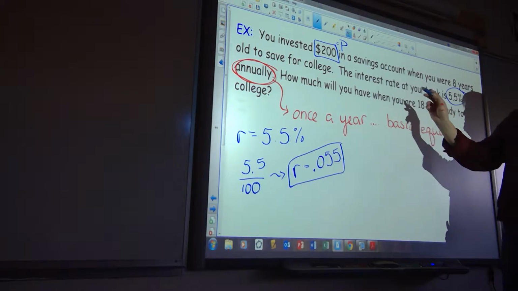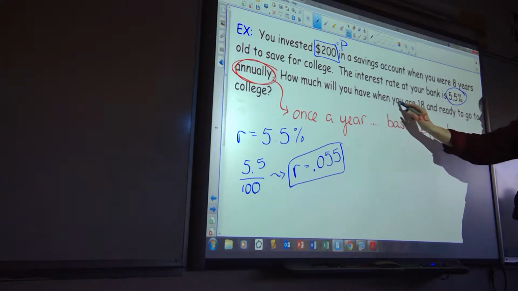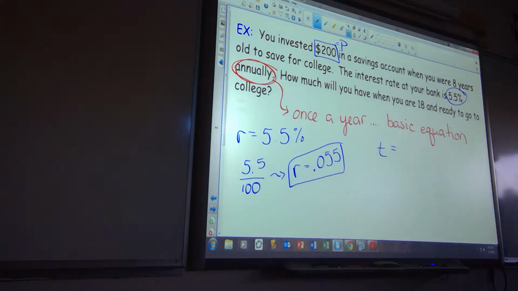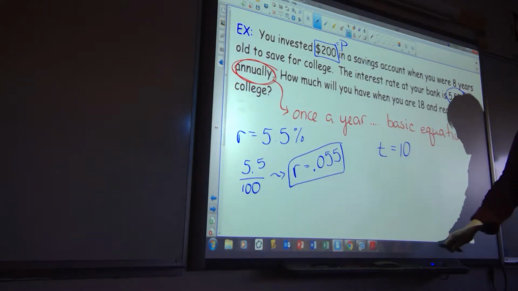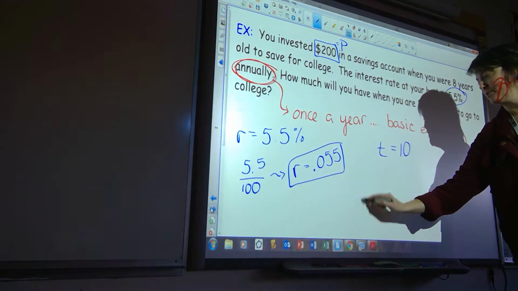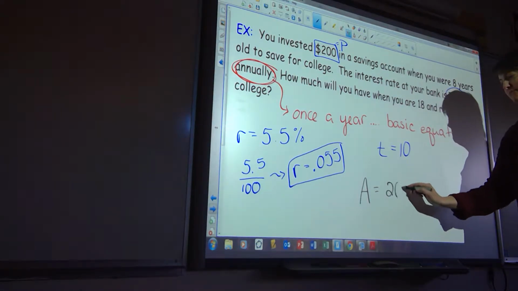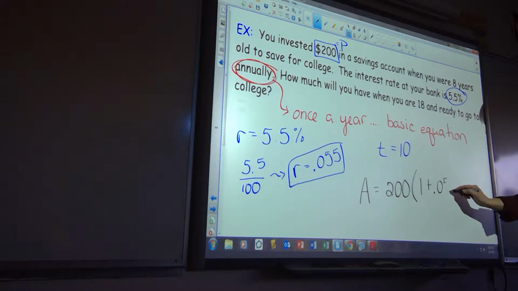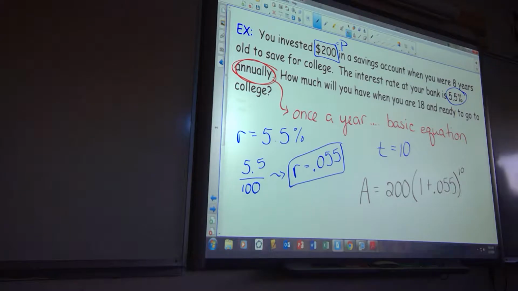And then if we started when we were 8 and now we are 18, how much time did we invest? 10 years. So our equation will end up looking like this: 200 times 1 plus 0.055 to the power of 10. Very straightforward. Plug it into your calculator, hit enter, get your answer.